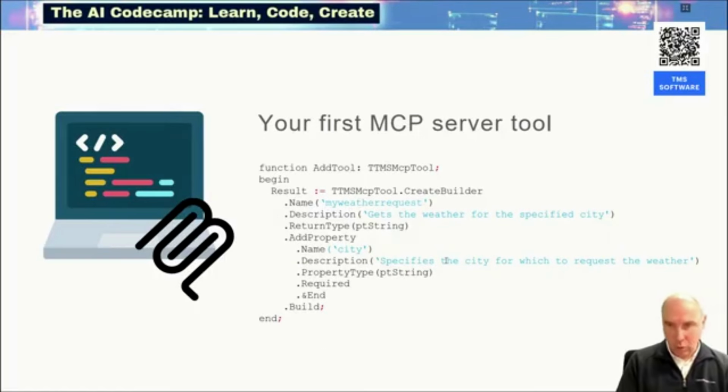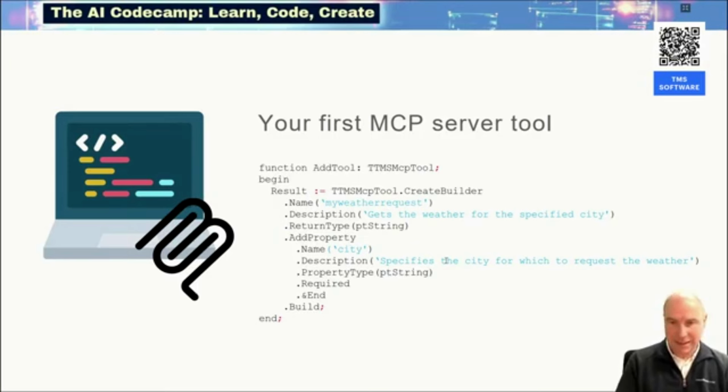The add tool is where we tell our own MCP server what tools are available, what tools the MCP client, by means of the LLM, will be able to call. We give each tool a name and also a description. Remember the function calling for LLMs, where this is the same concept.